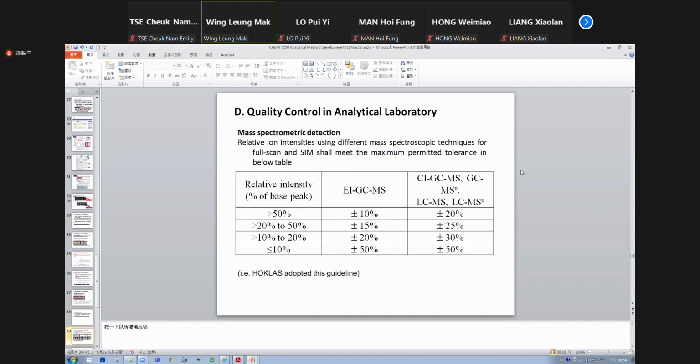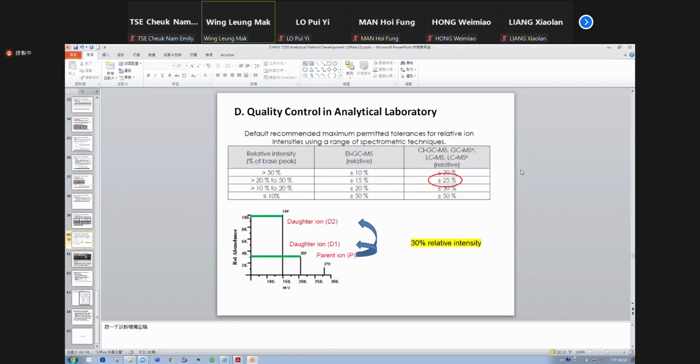Here is the mass spectrometry detection criteria. We will talk about it if we have time, and it is just for your reference first. Here you see the ratio, 100%, 30% is the two-to-total ion ratio. So it falls into this category, 30%.